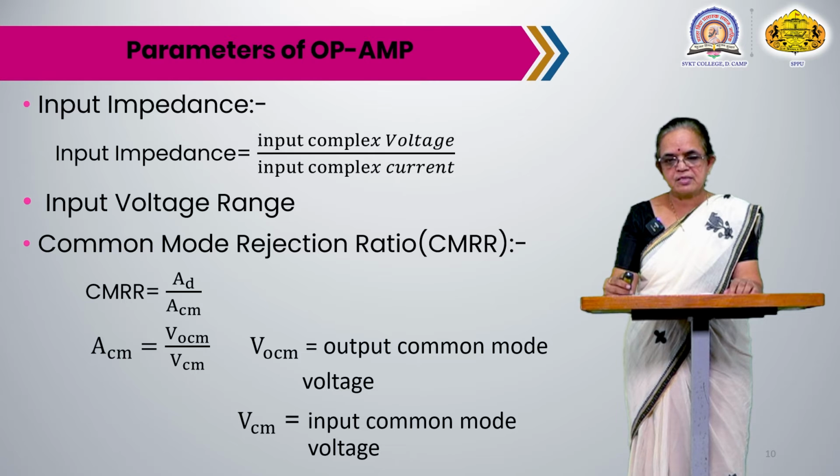And in this case, as V1 is equal to V2, then VOCM must be 0 and therefore ACM is 0, and in the CMRR relation AD upon ACM, ACM is equal to 0 and therefore CMRR is infinity in the ideal case, and practically it has a very high value.